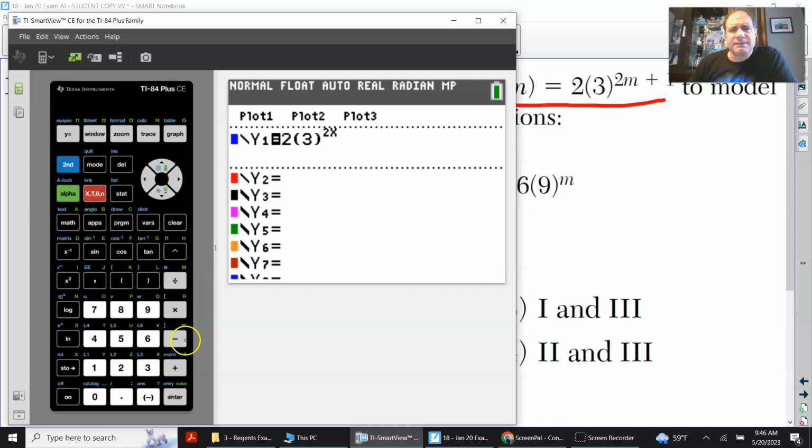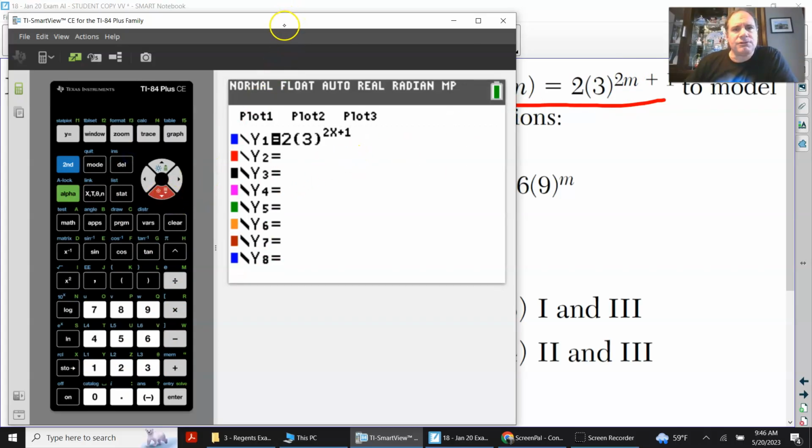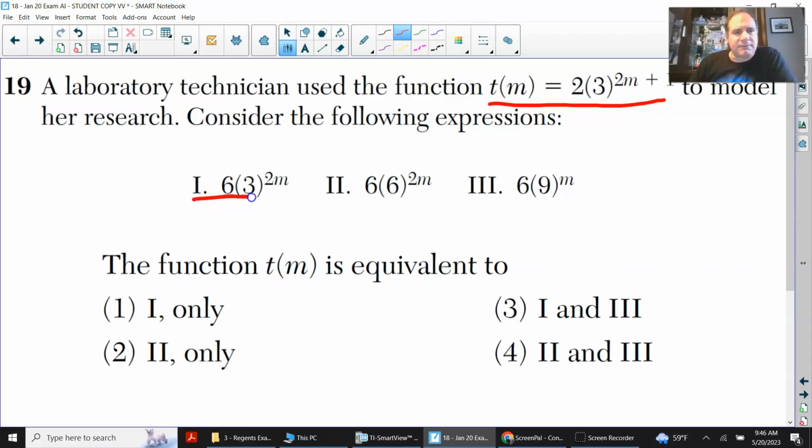So 2x plus 1, exactly what it is, except for the m being an x. And then I'm just going to go down, and I am going to put that first one into the calculator. So this one right here.